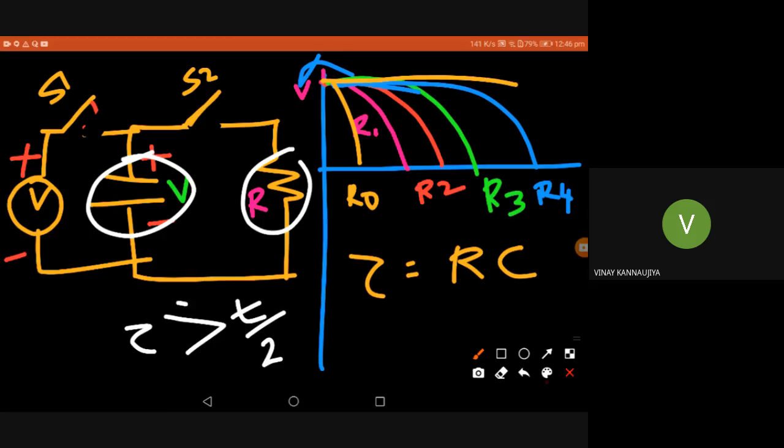Tau should be much greater than T by 2, where T is the cycle time of my input signal. So the discharge time of the capacitor should be much greater than the half period of my input signal.